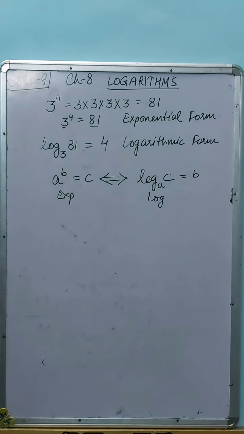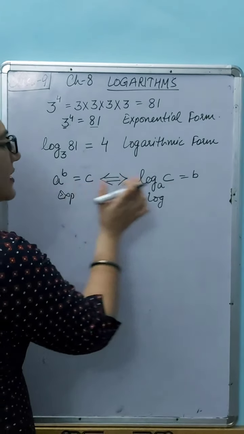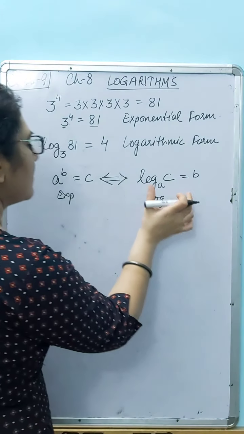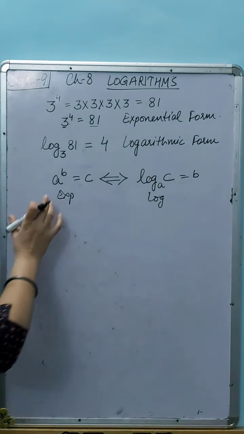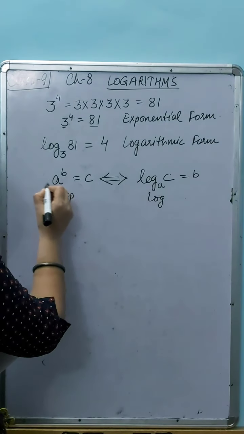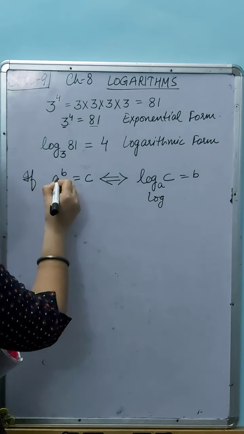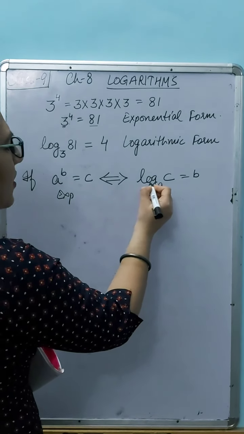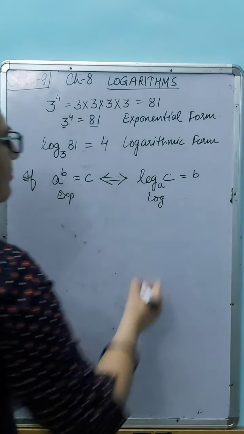You can always write this in log form and you can always write log form into exponential form. Logarithm is a very vast topic which is mostly used in physics and chemistry in higher classes, and it is also very useful if anyone opts for electrical engineering. But here, consider that if a raised to power b is c, then log of c to the base a is equal to b.